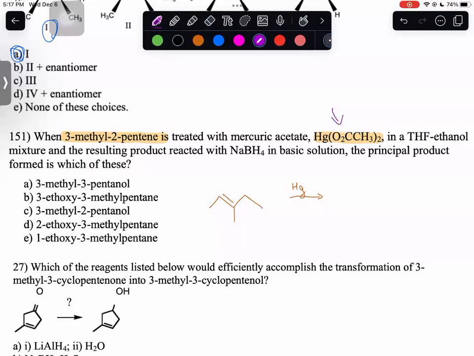Okay. First of all, what kind of reaction are you doing there? Oxymercuration. What are the rules for that reaction? It's just Markovnikov's. So we're adding on the more substituted side.